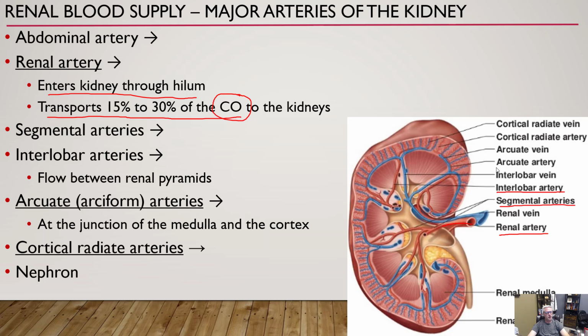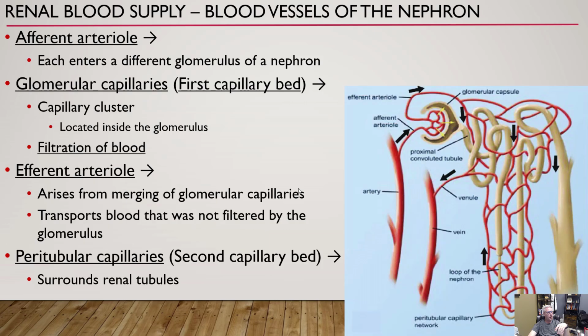And then they're going to branch off even further into these arcuate arteries, sometimes called arciform arteries, at the junction of the medulla and the cortex. Then we're going to branch off even further, a more microscopic view, into these cortical radiate arteries. And then eventually these cortical radiate arteries are going to go into the nephron itself. And like I said, we'll talk a lot more about the nephron.